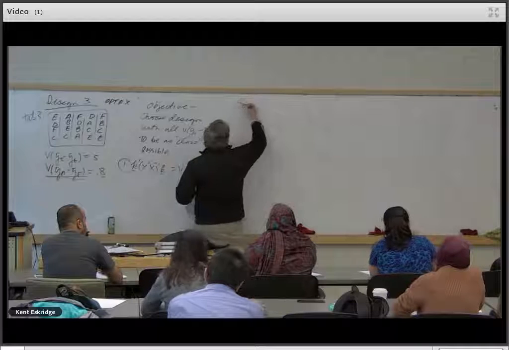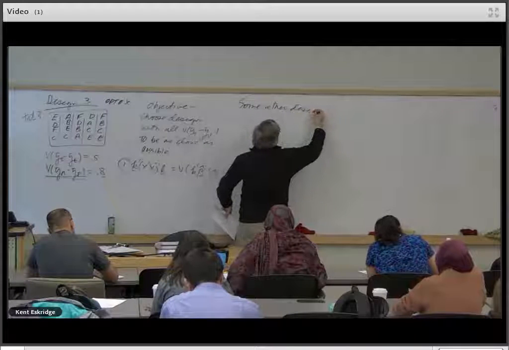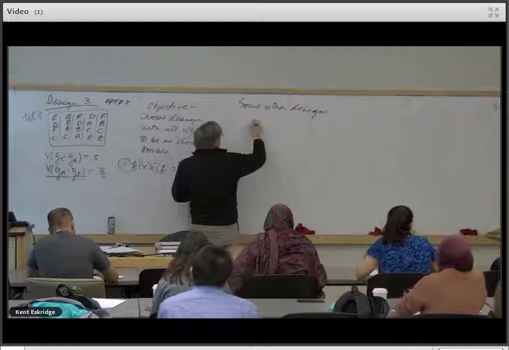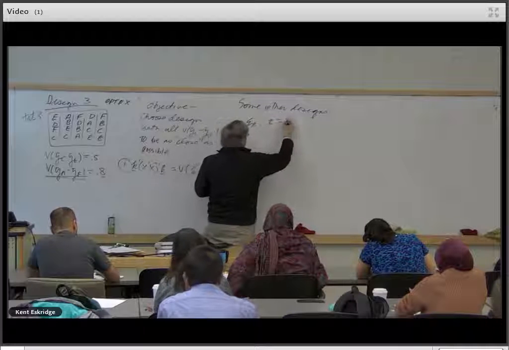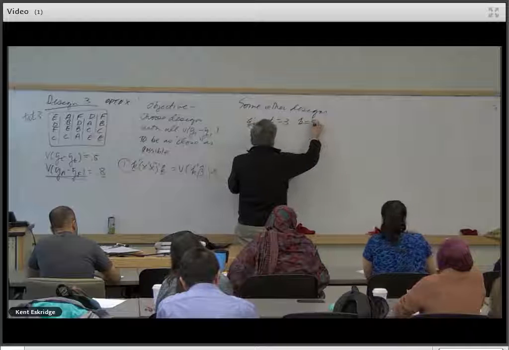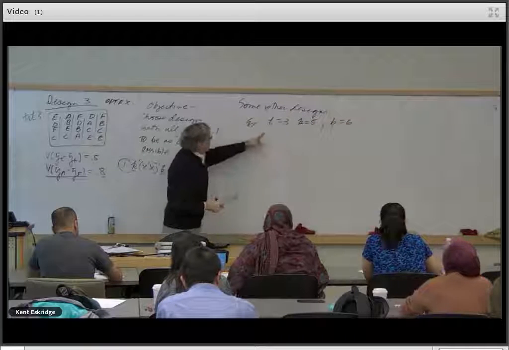Okay, so let's see an example. T is equal to 3, K is equal to 5, and B is equal to 6. What does this mean?